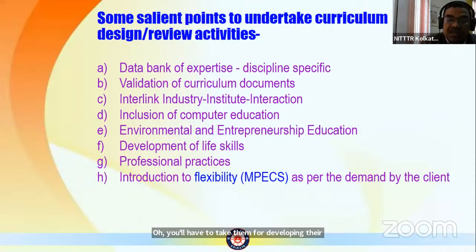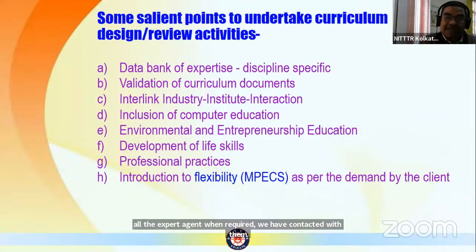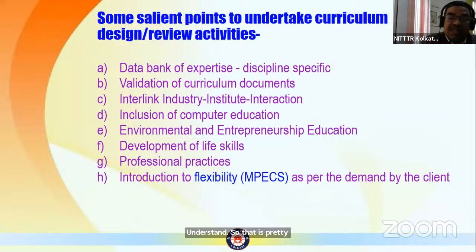So for the entire thing we took help from the Institute of Packaging Technology, Salt Lake, Calcutta. We noted all the related information on the expertise, and when required, we contacted them. Understand? So that is very essential for some of the non-traditional subjects: a data bank for expertise.